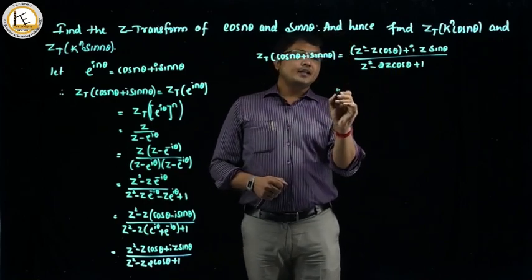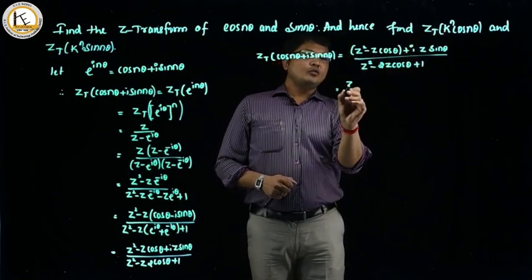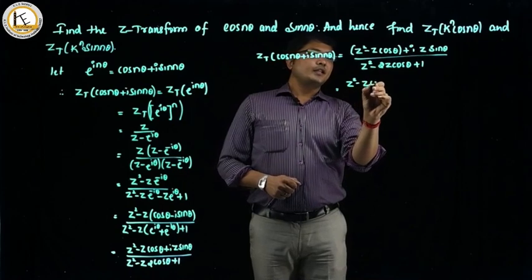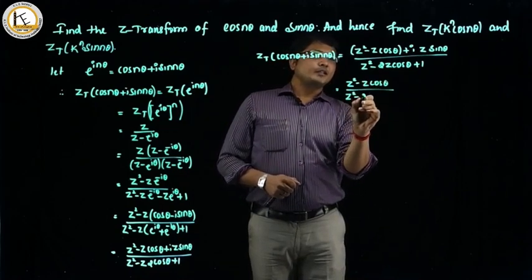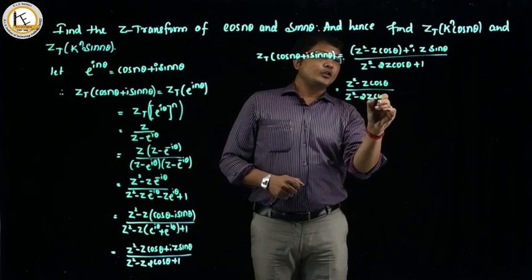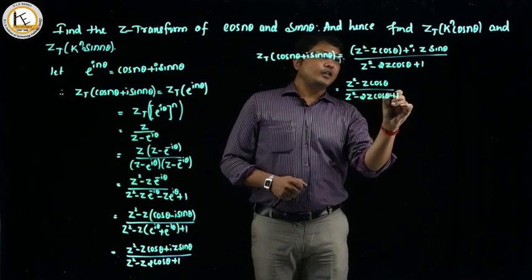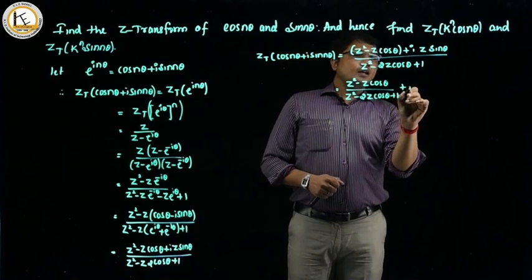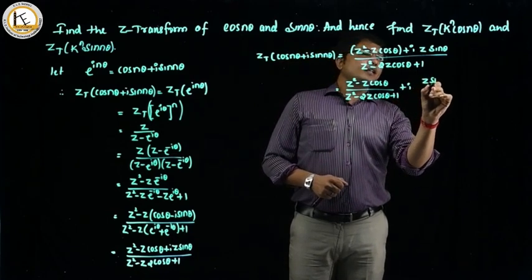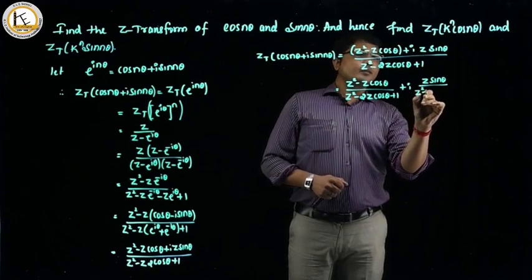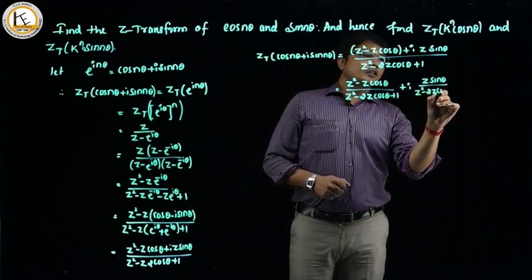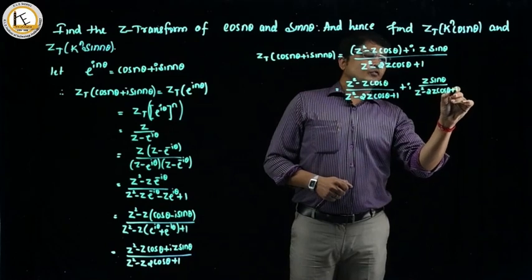Now separating real and imaginary parts here, we have z square minus z into cos theta divided by z square minus 2z into cos theta plus 1, plus i into z into sin theta divided by z square minus 2 times z into cos theta plus 1.